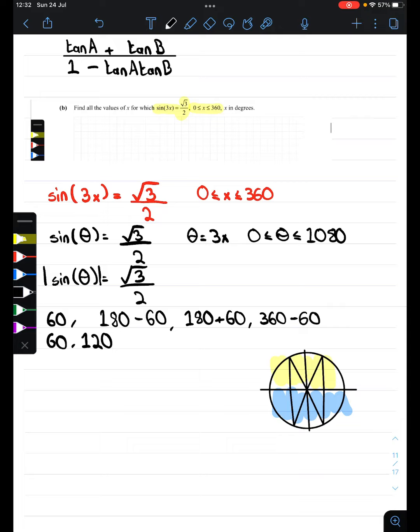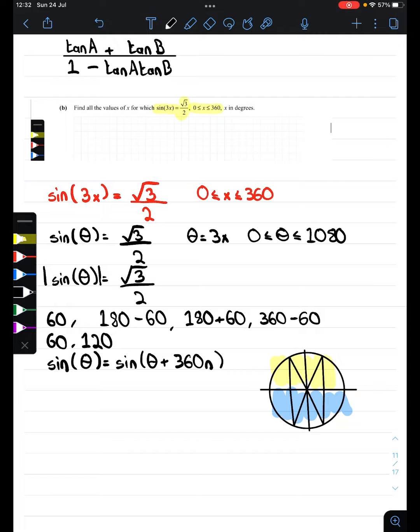And we also know that for all n natural numbers, sine theta equals sine of theta plus 360n. So for example, sine of 0 is sine of 0 plus 360, so just sine of 360, because it's the same angle.